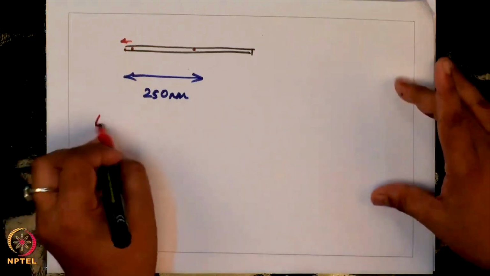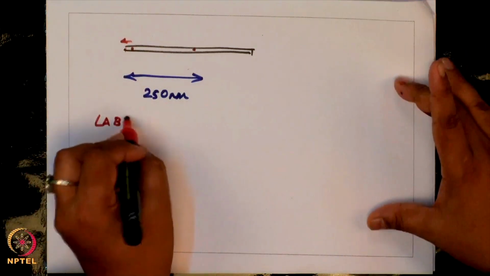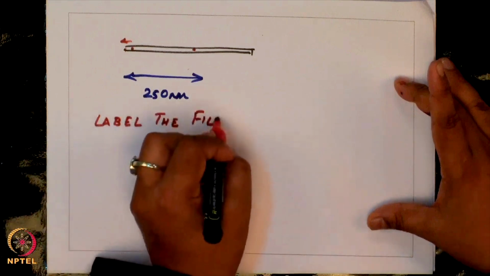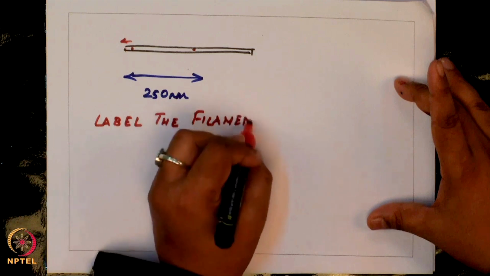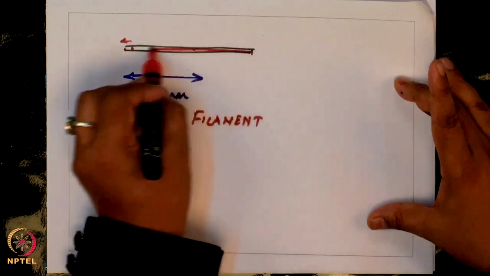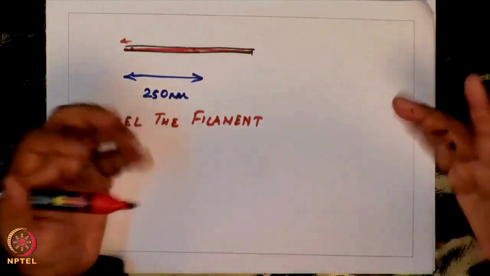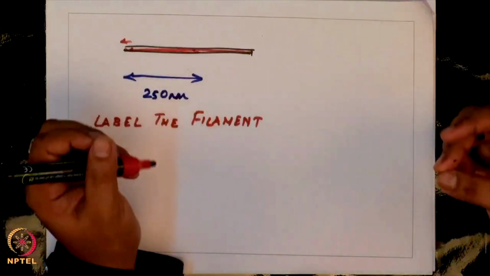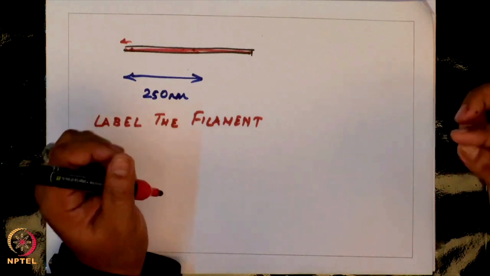But if you label the entire filament, then this entire thing will turn red. In this case also you cannot see individual monomer level polymerization or depolymerization events. So, how can we devise an approach such that we are able to visualize protein dynamics?